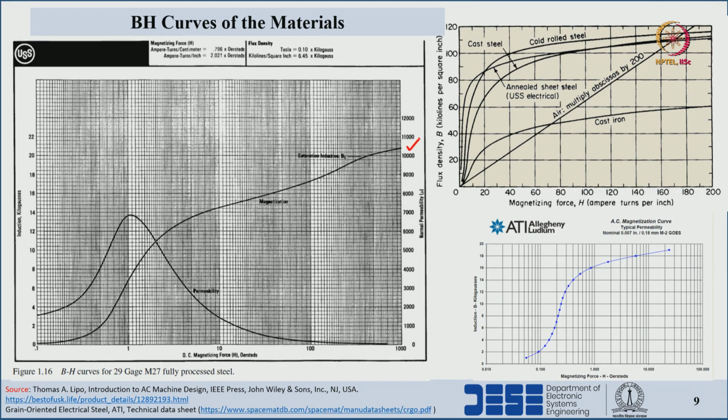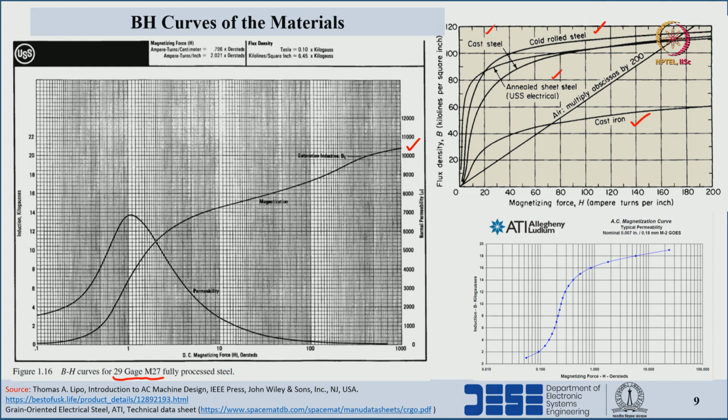This is with respect to the 29 gauge M27 fully processed steel material BH curve, and here with respect to the cast iron, cold rolled steel and cast steel, and sheet steel also, we can observe different BH curves from this slide.